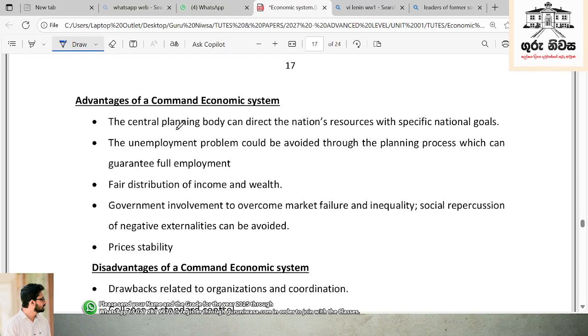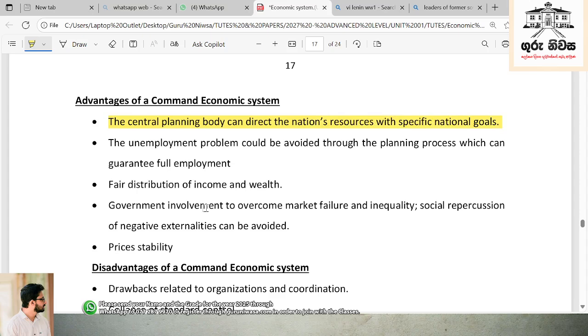Number one, the central planning body can direct the nation's resources toward specific national goals. Yes, that's a good positive point, because the government plans everything. The resources are allocated according to a plan, especially for social needs and social requirements.